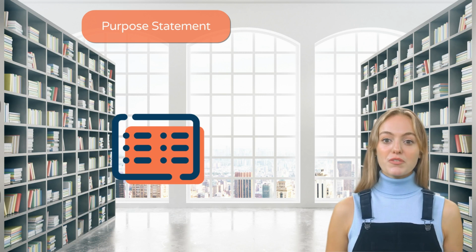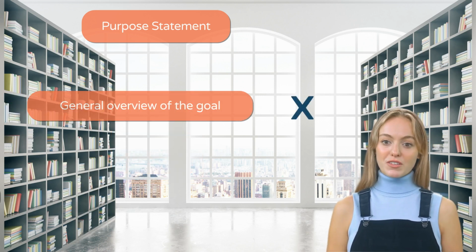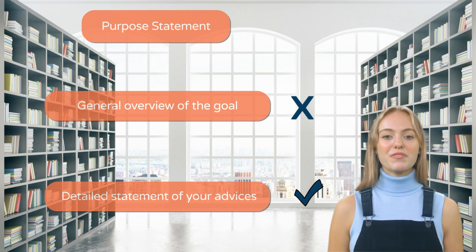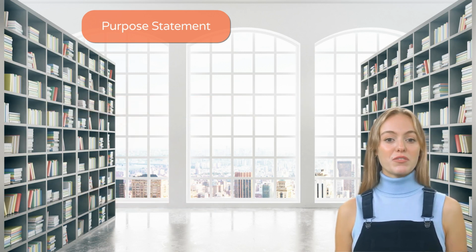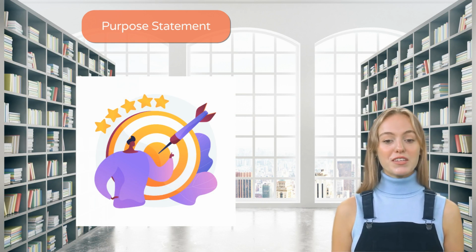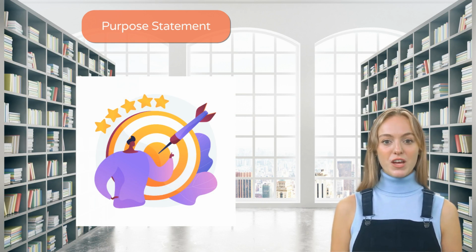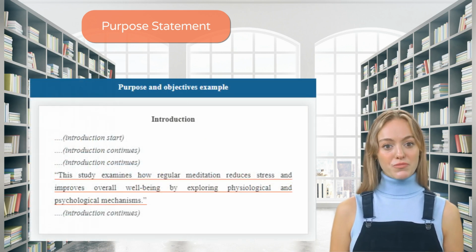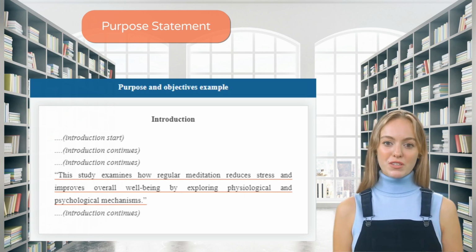For example, don't just say you want to find the solution to stress, but explain what you think is the best way to do it. But keep in mind that this doesn't mean you need a bulky sentence. Keep it precise and action-oriented. As you can see on this example, it creates the foundation for research and explains the main purpose of the paper by mentioning the specific solution to stress and supporting practices.